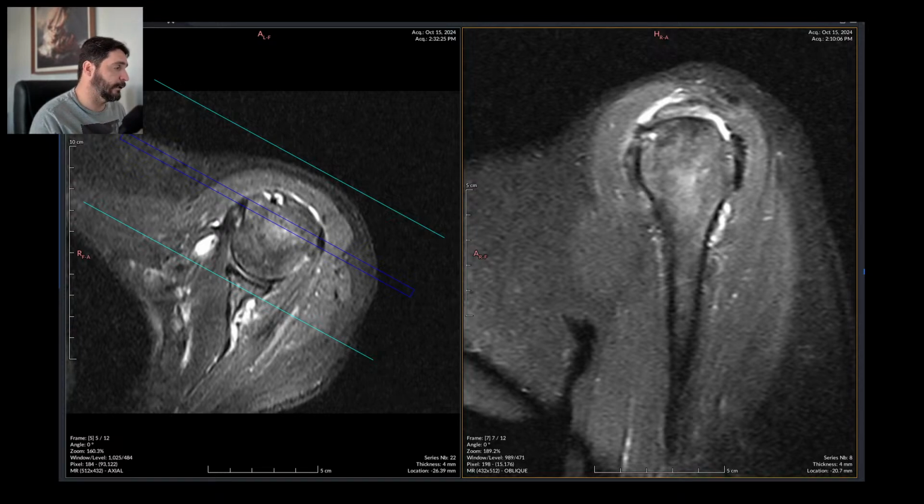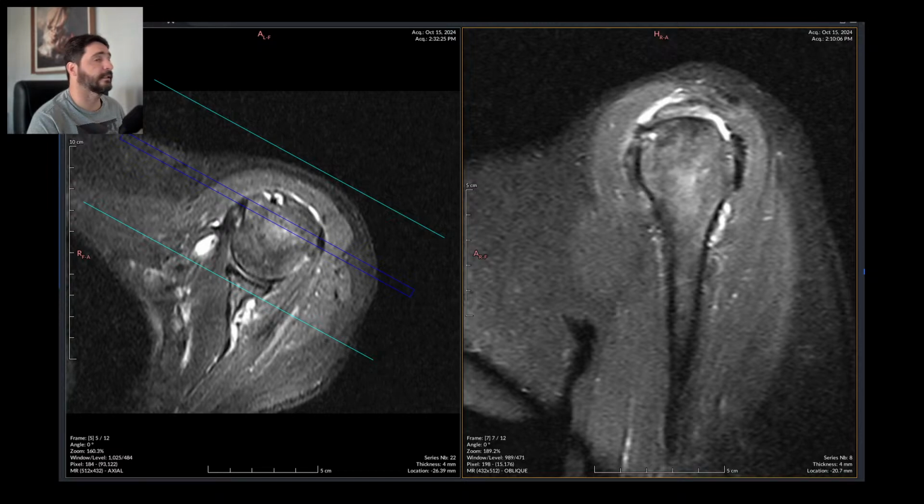Let's see if we can get a properly done shoulder scan so we can actually tell stuff. More than the usual stuff, the gross stuff about such complex joint. This is good enough. This is a terrible, advanced, all over the place disease, so this is good enough.